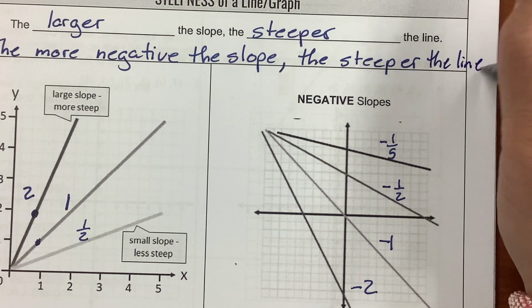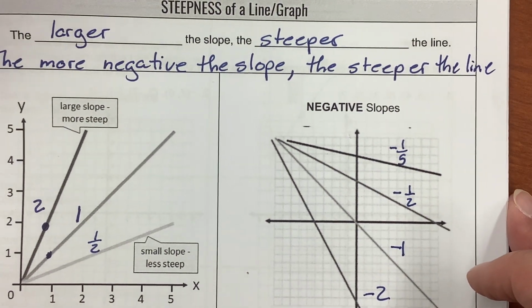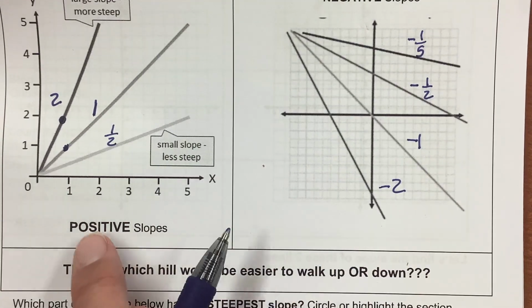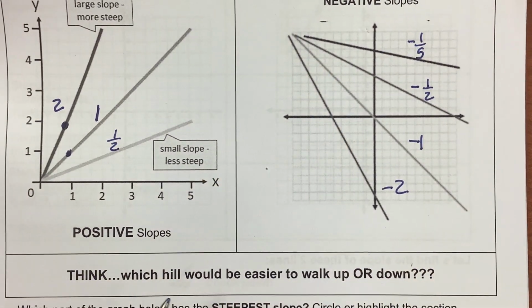All right, so the more negative the slope, the steeper the line. So let's take a look down here. By the way, those were positive slopes, and you can see these are negative slopes because they're going down.